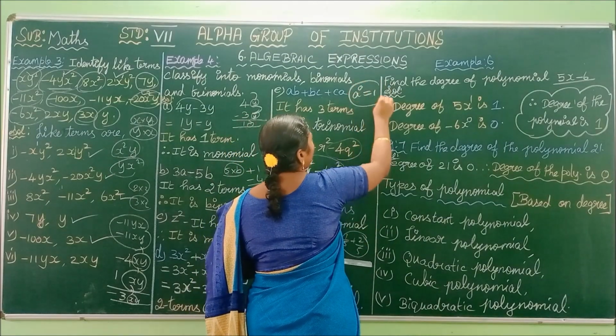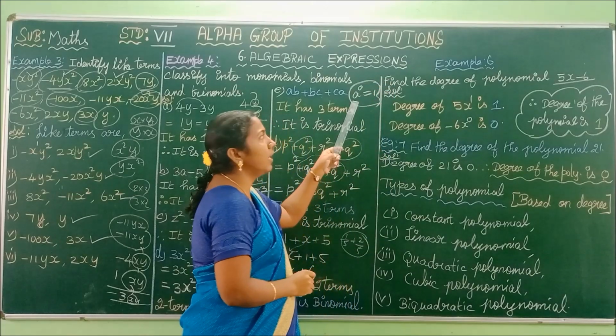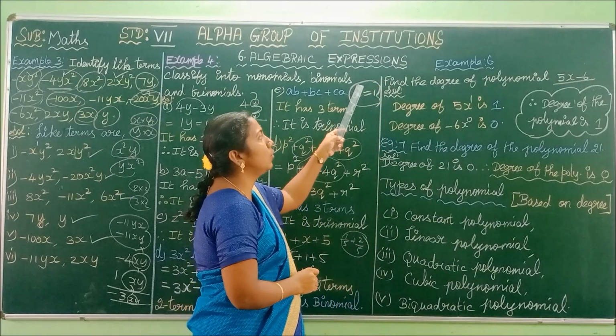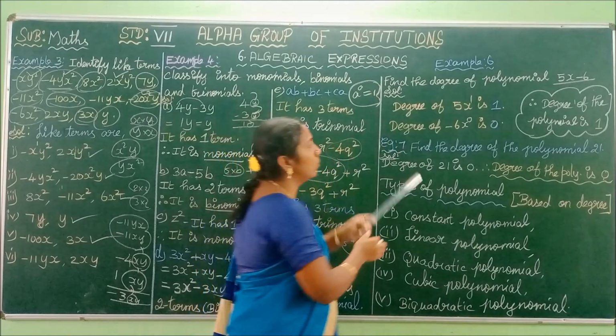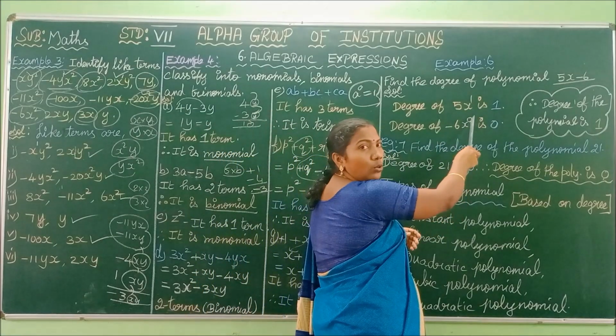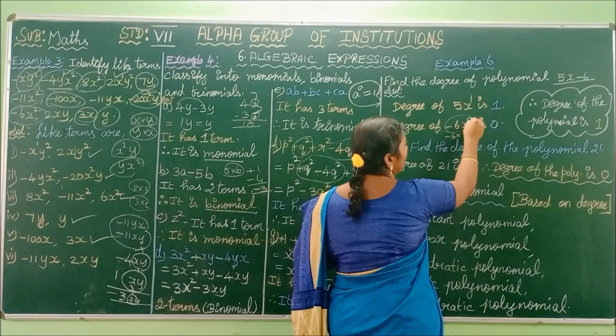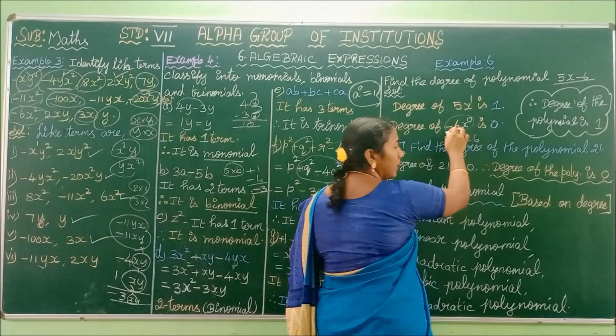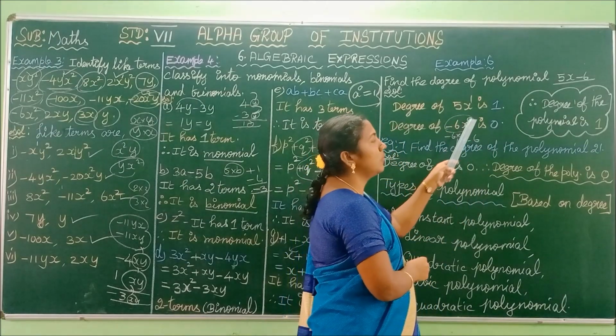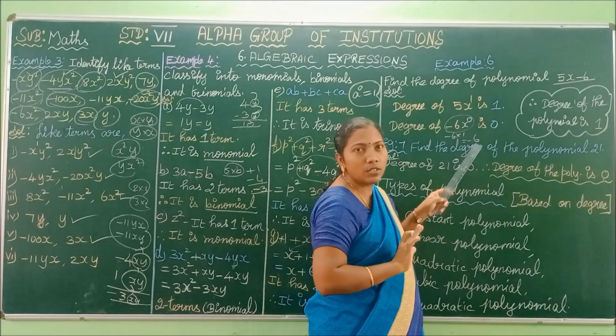You know it already. Once again I am recalling it: any number or any variable power 0 is equal to 1. So x power 0 is equal to 1. It does not change its value. Still, see here, minus 6 into 1 is equal to minus 6. So by adding x power 0, its value does not change.